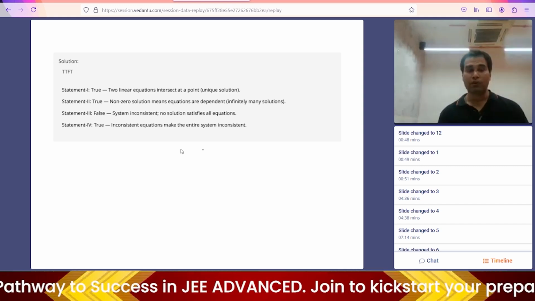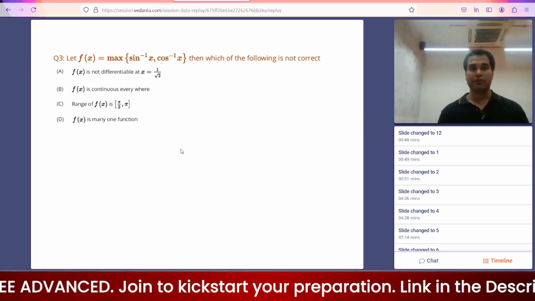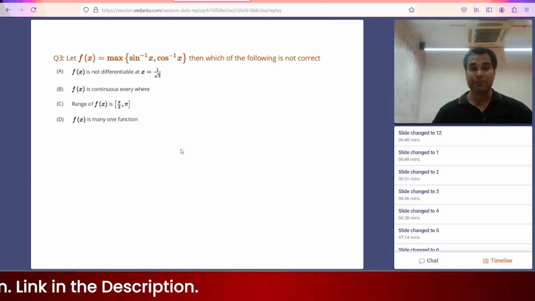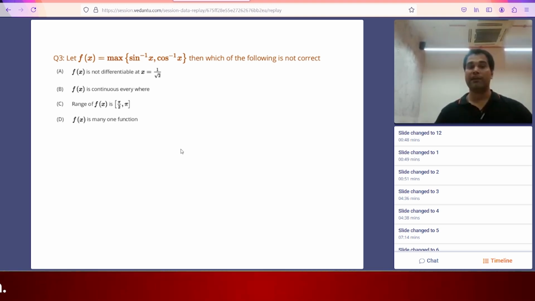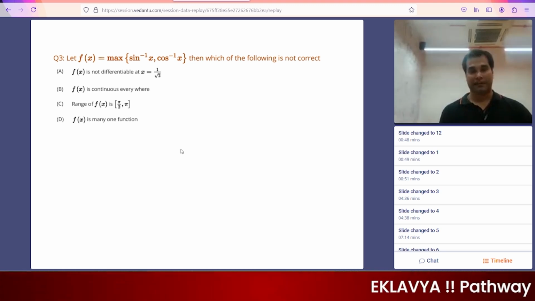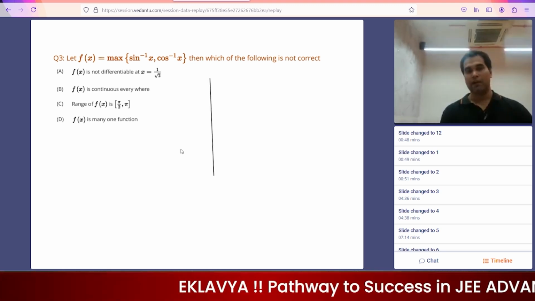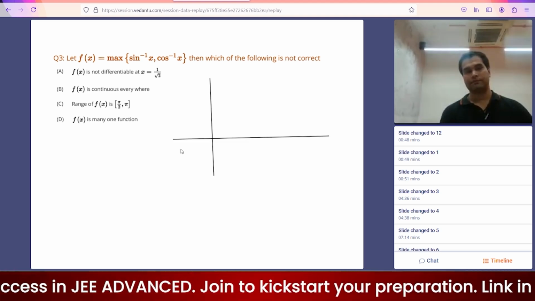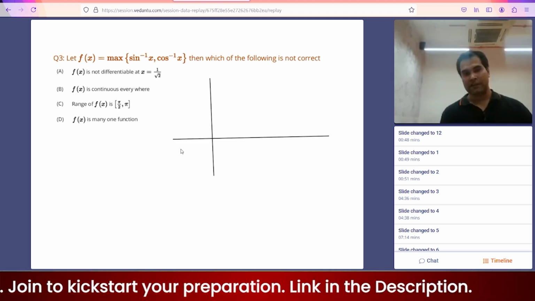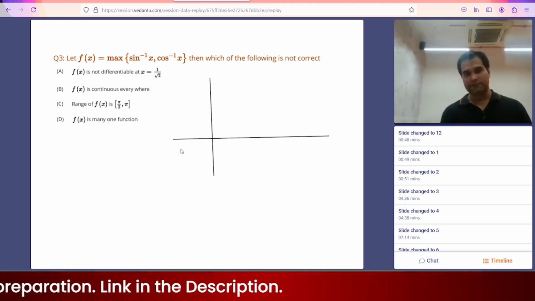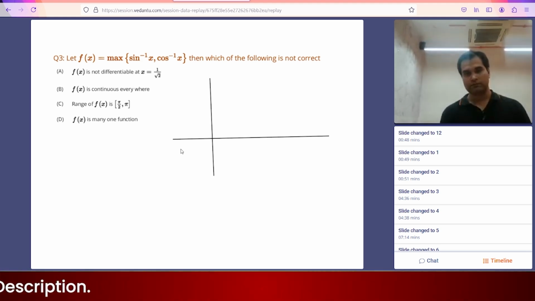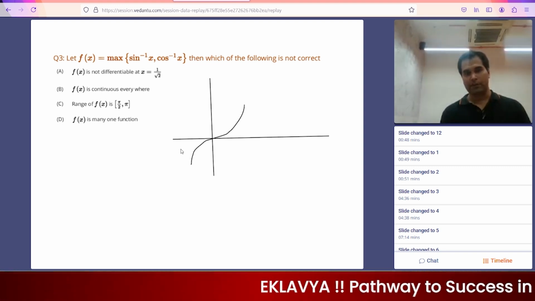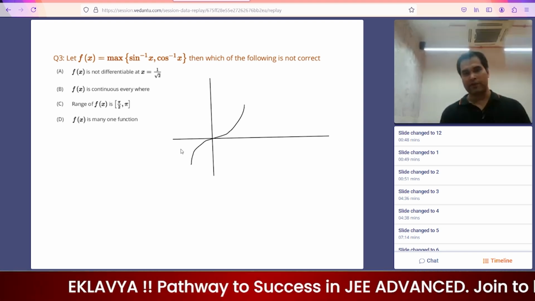Now, next question, question number 3. Let f(x) equal the maximum of sine inverse x and cos inverse x. Here, with the graphs of sine inverse x and cos inverse x, this is the graph of sine inverse x, and here we draw the graph of cos inverse x.